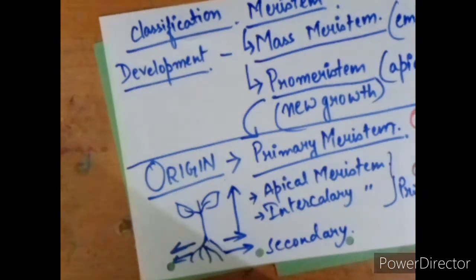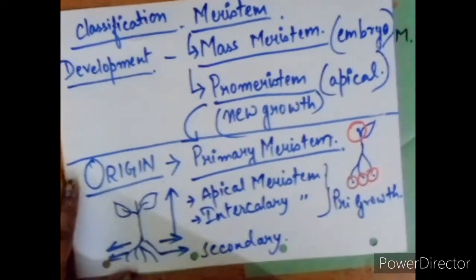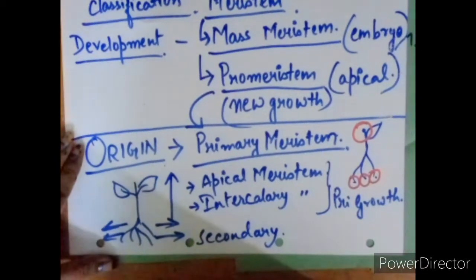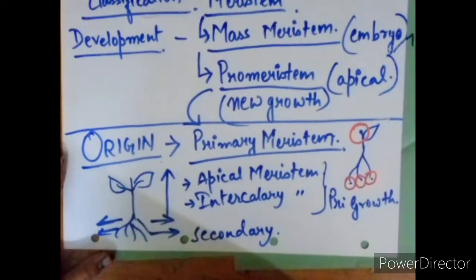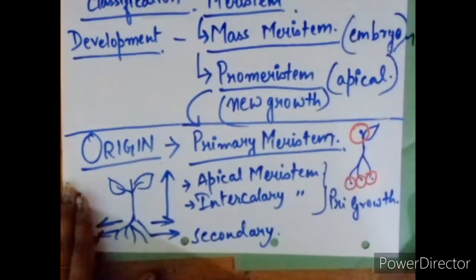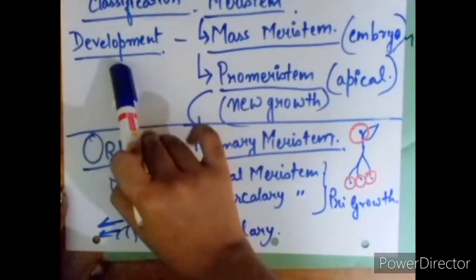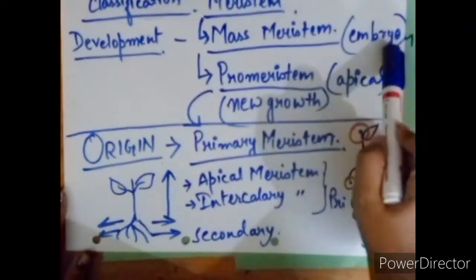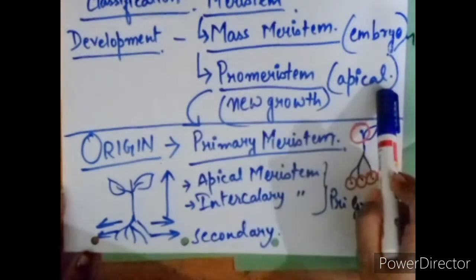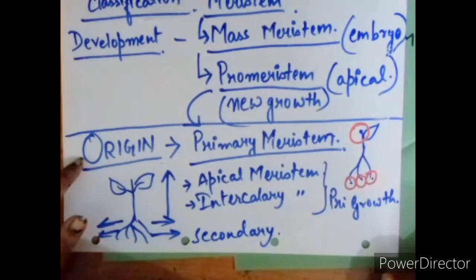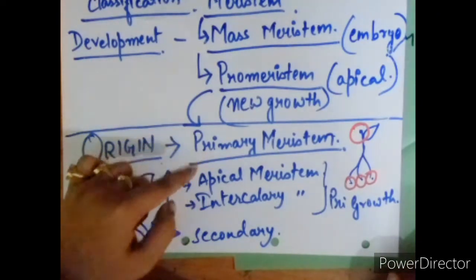Okay, it was not visible earlier, please see it now. I'm very sorry. I think it is clear to you now, right? So I am just repeating it again. In a developmental process, we have mass meristem, which is present in the embryo. Promeristem we see in the apical portions, and according to the origin of the meristem, we have primary meristem.